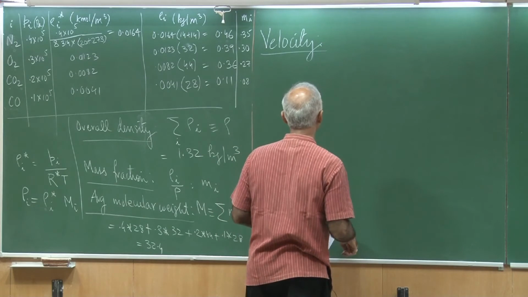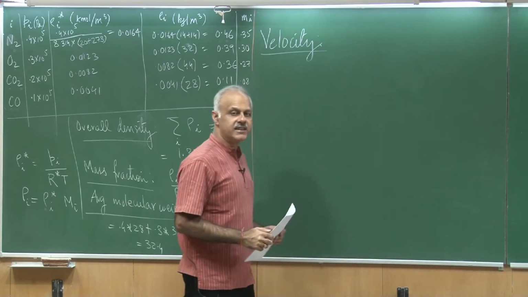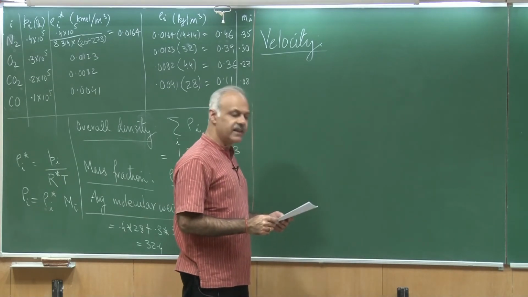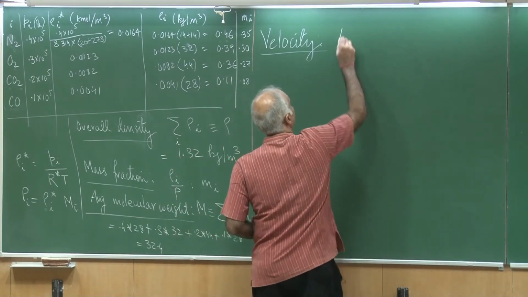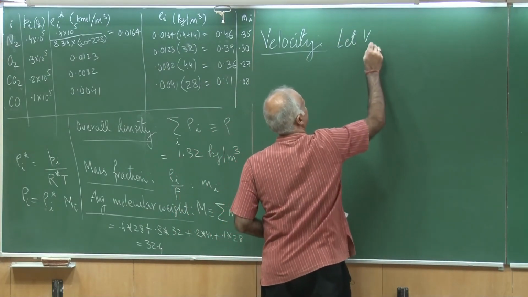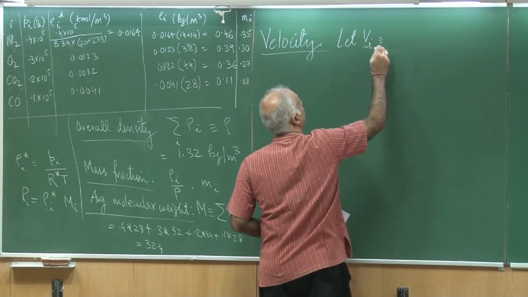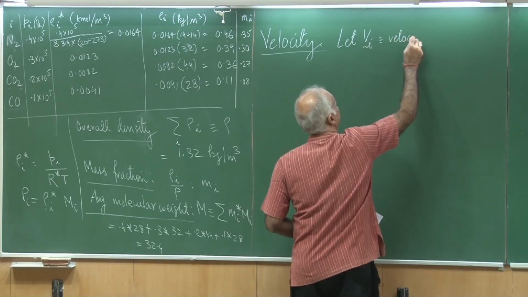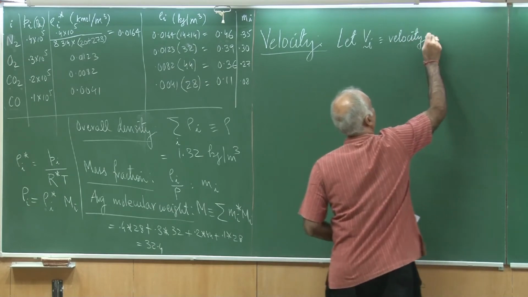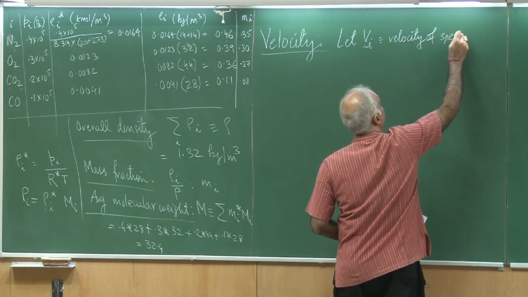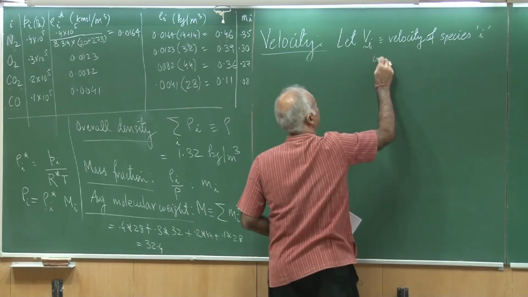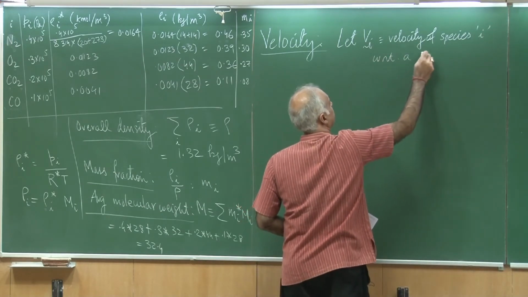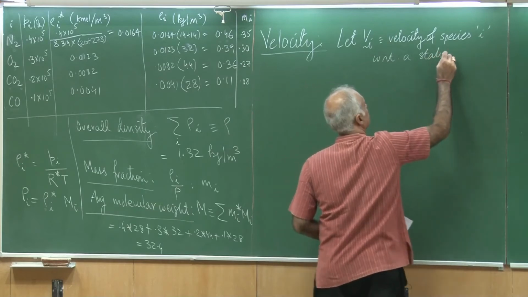So consider there is a multi-component mixture and each species is denoted by the subscript i, and let Vi be the velocity of species i with respect to a stationary frame of reference.